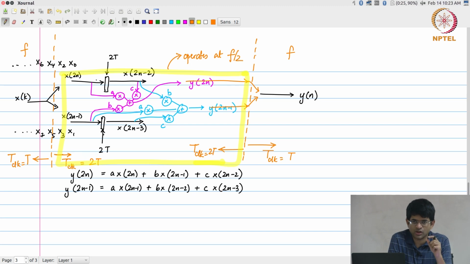So, for a given technology, let us say it is a 45 nanometer technology, if the supply voltage that I give is increased, it means that the transistors can now deliver a larger amount of current, they can charge the output capacitors faster, and therefore the propagation delay will decrease. Conversely, if I reduce the supply voltage, I will end up increasing the propagation delay. Okay. Now, as far as this particular structure is concerned, what it tells me is I am allowed to increase the propagation delay, which means that I may be able to get away by operating at a lower clock frequency.